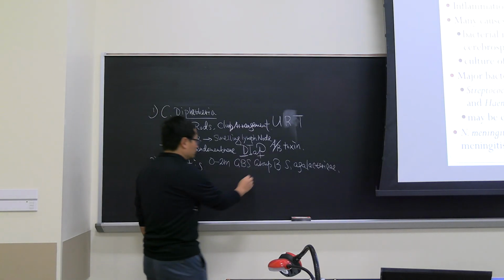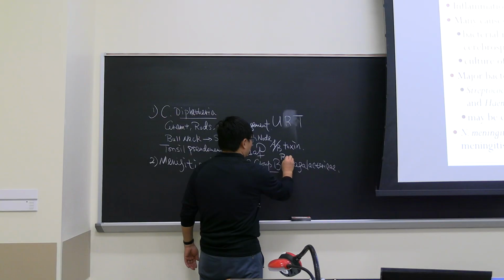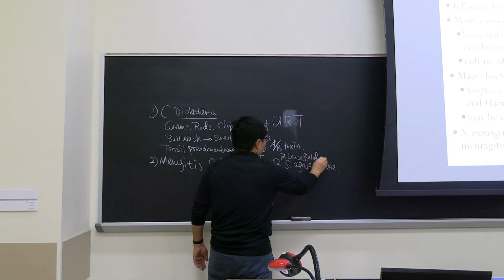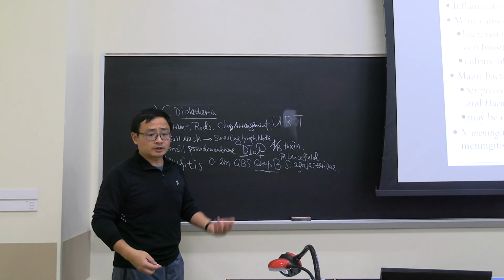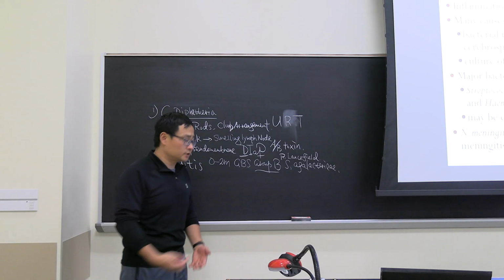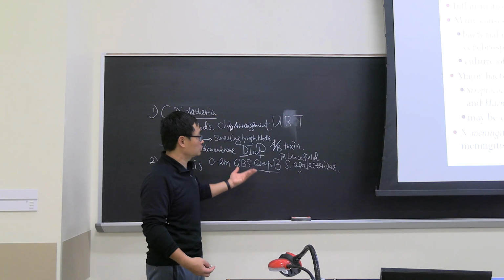And we mentioned what we call group B. This is the Rebecca Lancefield group classification, or grouping based on antibody-antigen reaction, serological typing. We could group lots of the Streptococcus into groups.